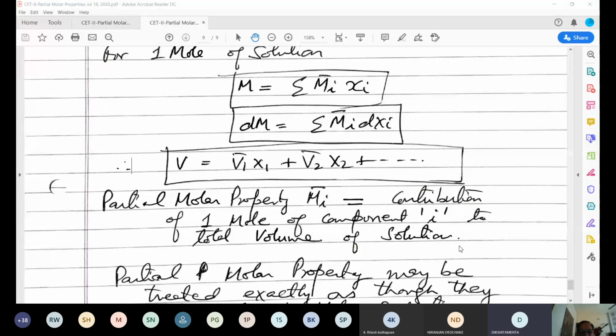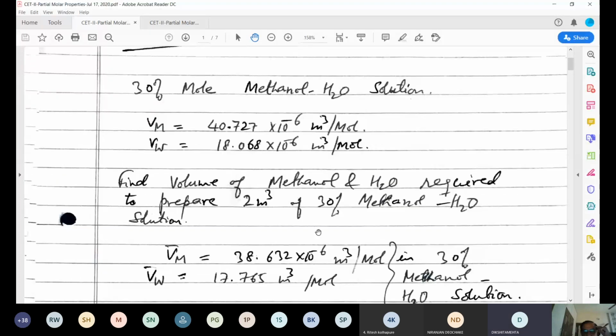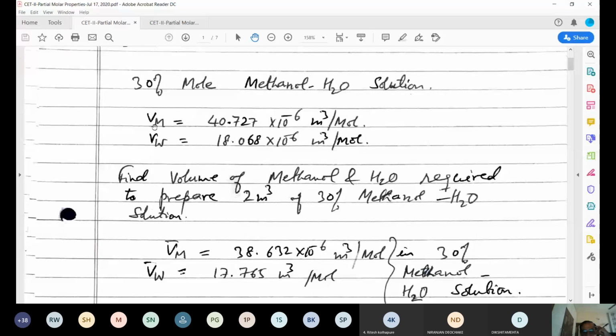Okay, I have one question. You have to make a 30% methanol in water solution, mole percent. Molar volume of pure methanol is 40.727. Molar volume of pure water is 18.068.